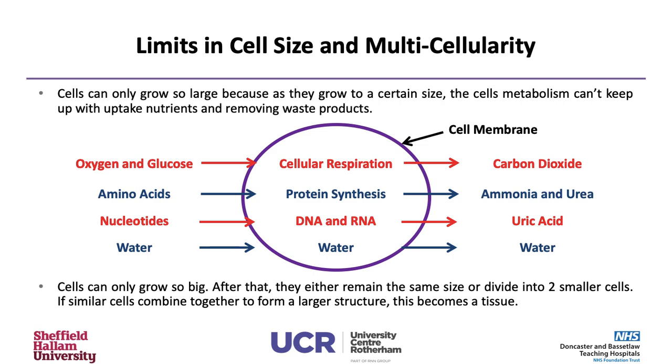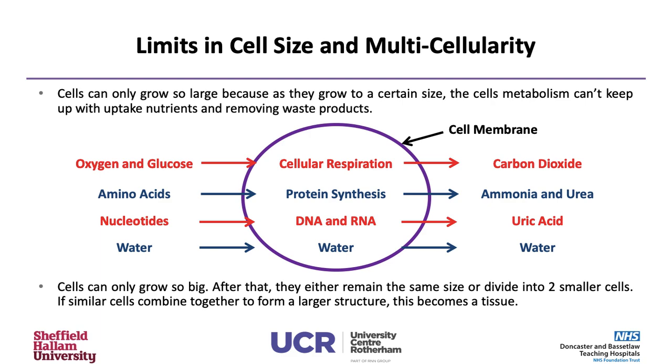If we carried on growing, our metabolisms wouldn't be able to keep up with nutrient uptake and removing waste products, and it also wouldn't be effective in terms of environment. Humans are around anything between maybe 4 to 6 foot in height, maybe even taller. Cells can only reach a certain size.